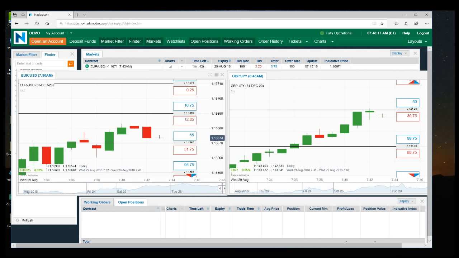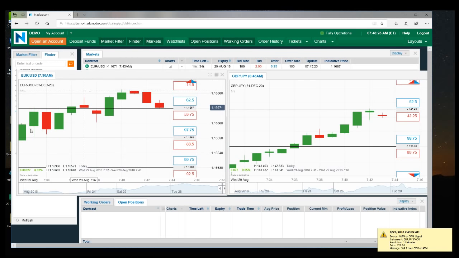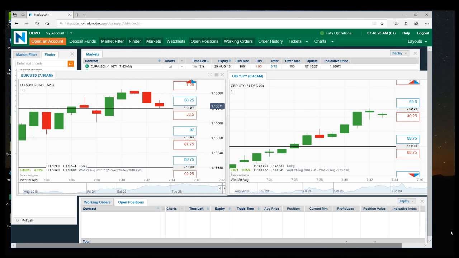There is a potential right now on the euro dollar, but with 1 minute and 38 seconds remaining, I'm going to wait for the next series before I decide to enter that one. And I also want to make sure that the 5-minute does have that reversal bar forming.